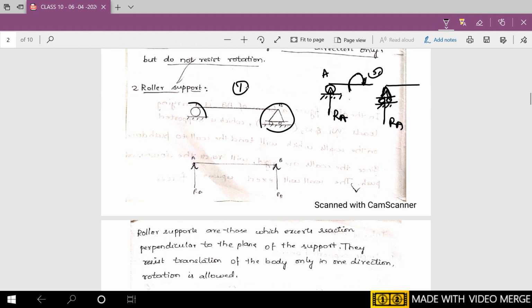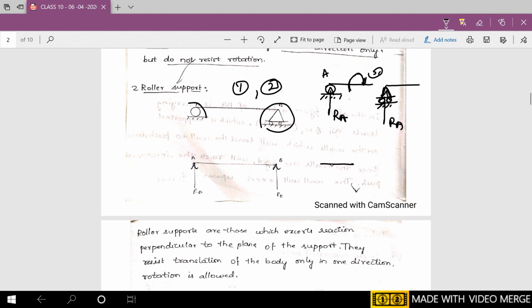So there are two things: translation along the y direction is restricted, while translation along x and rotation are not restricted. This is how the reactions are given.